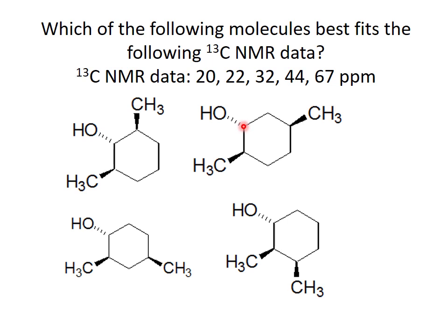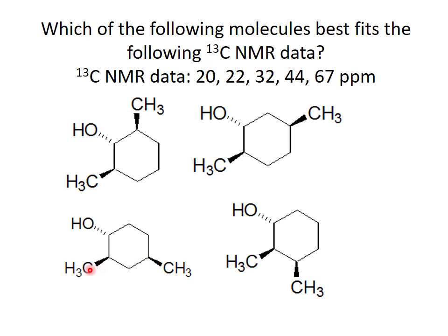So let's count them here. 1, 2, these are different from each other, so 3, 4, 5, 6, and that methyl is different from this one, so it's 7. That won't fit. Okay, let's look at this. This is different from that, and this is different from that because this side is closer to the hydroxyl. So count them, 1, 2, 3, 4, 5, 6, 7, 8 peaks.